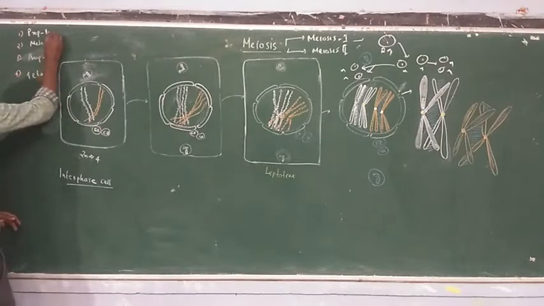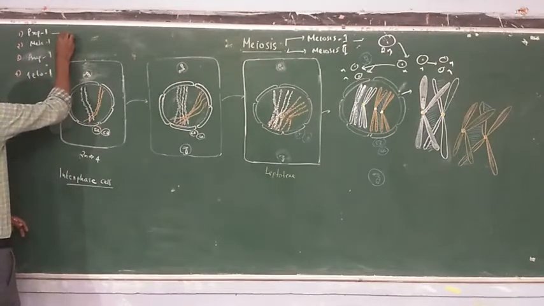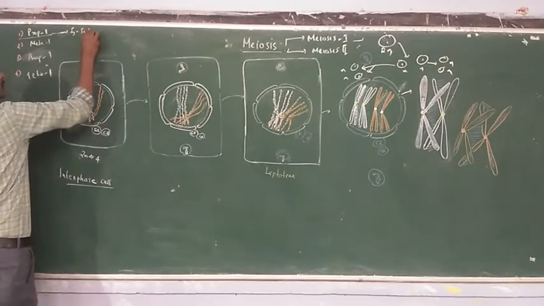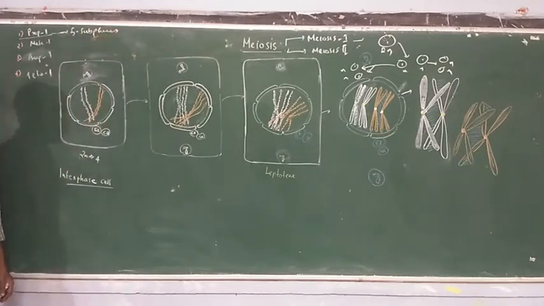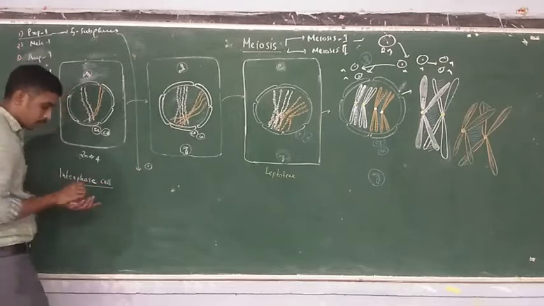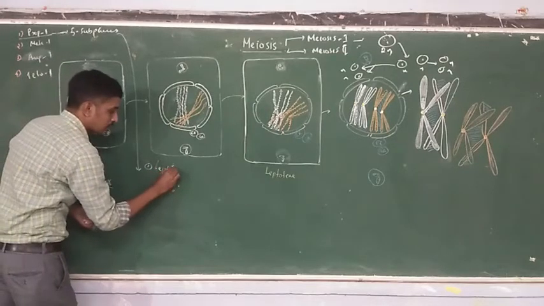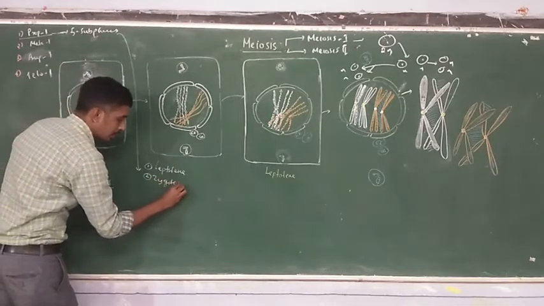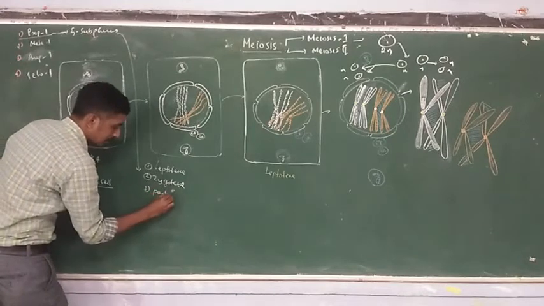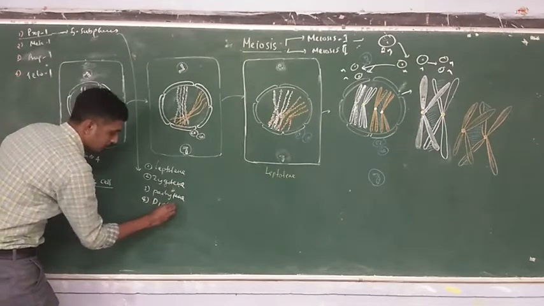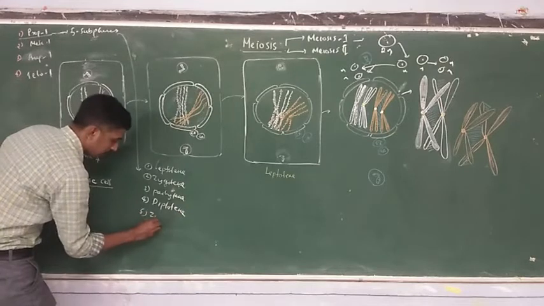First of all, prophase 1 is again divided into 5 subphases. The first one is called leptotene stage, the second one is zygotene stage, the third one is pachytene stage, the fourth one is diplotene, and the fifth one is called diakinesis.